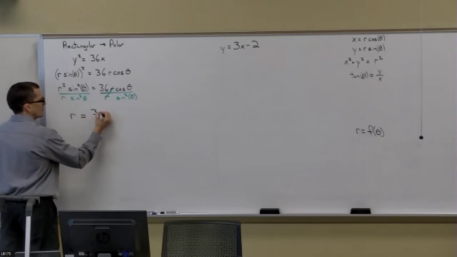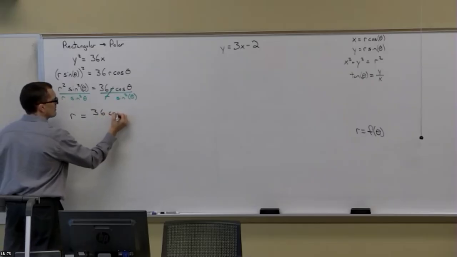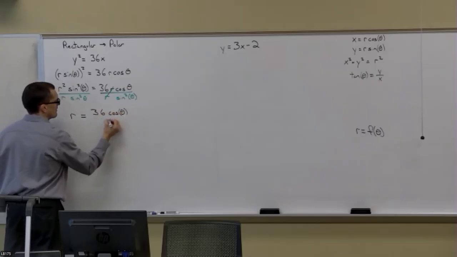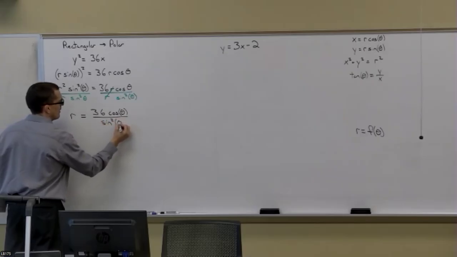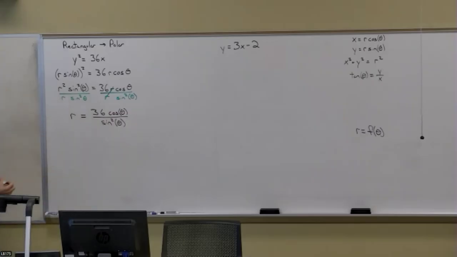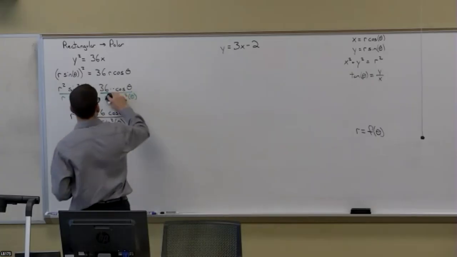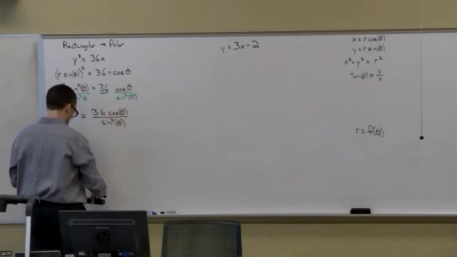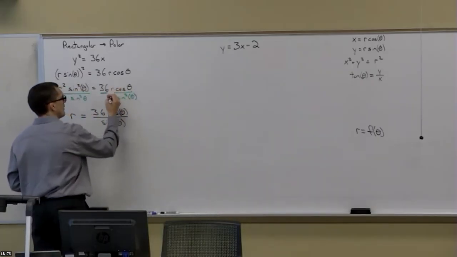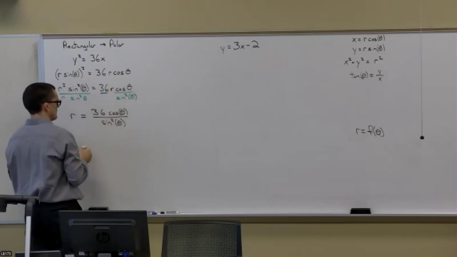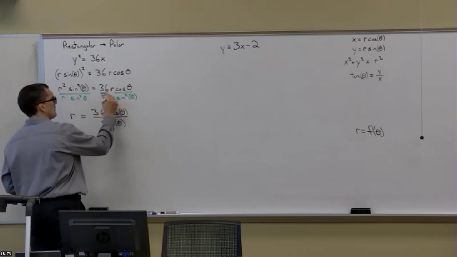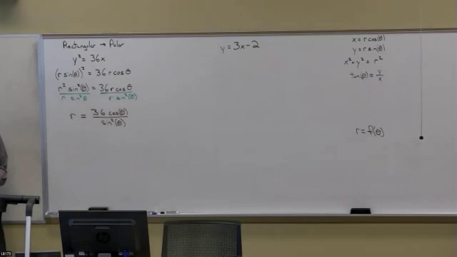And I'll get on the right 36 cosine of theta divided by sine squared of theta. Okay with that? And that's it.